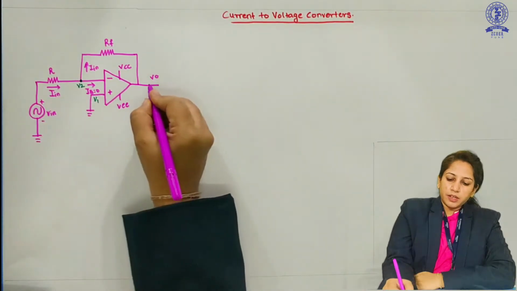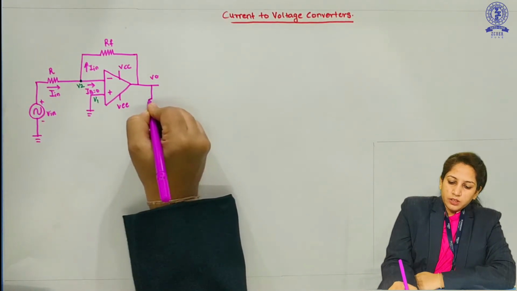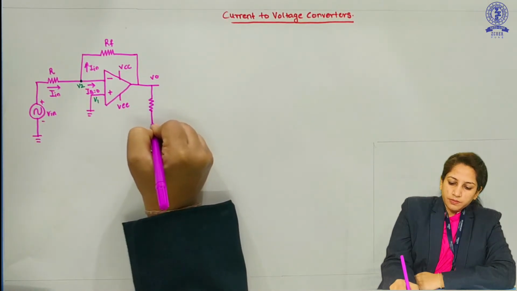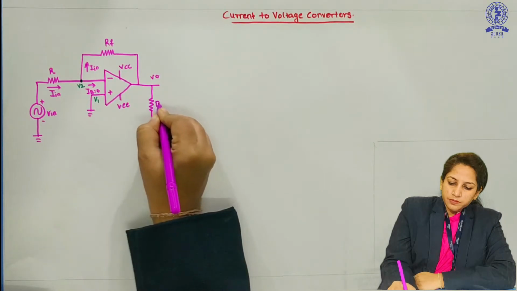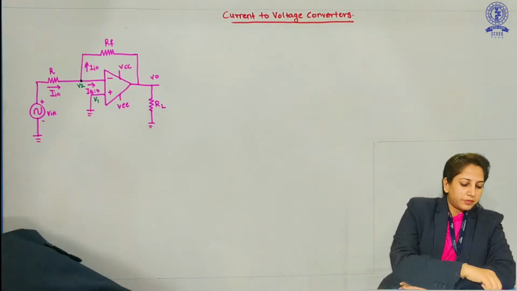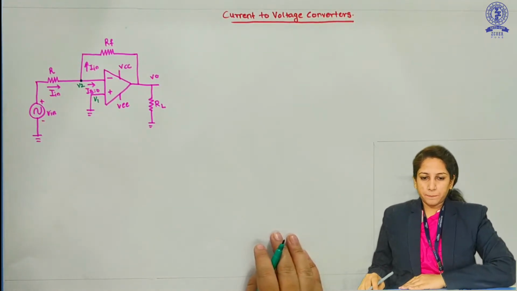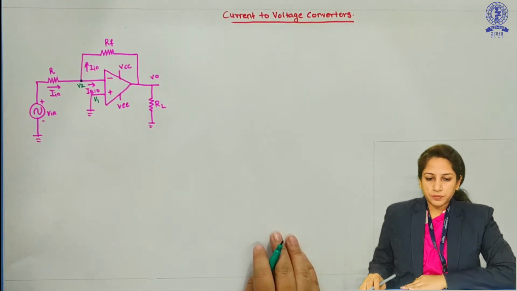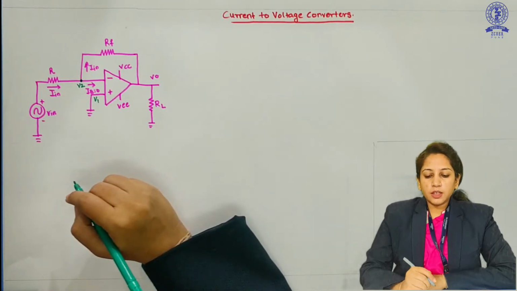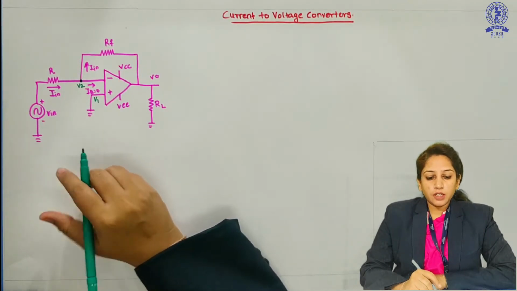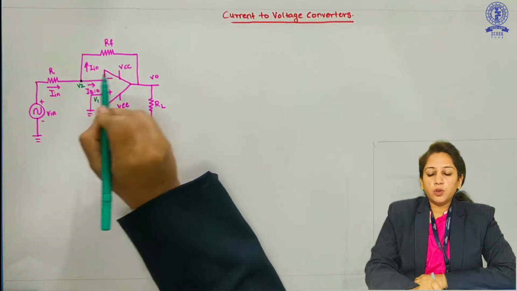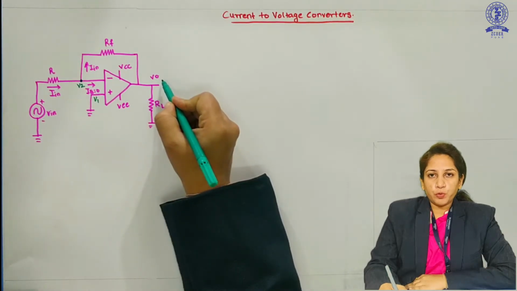Also I will apply here a load resistance RL. So this is the circuit which will convert our input current into its equivalent output voltage.